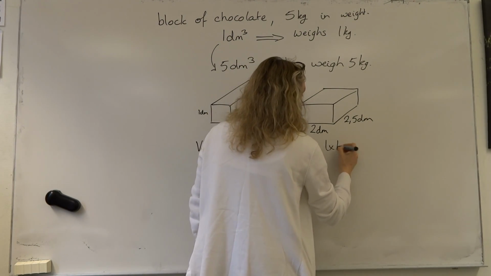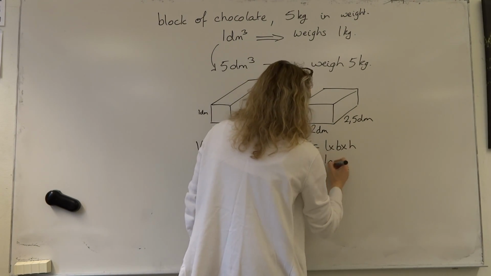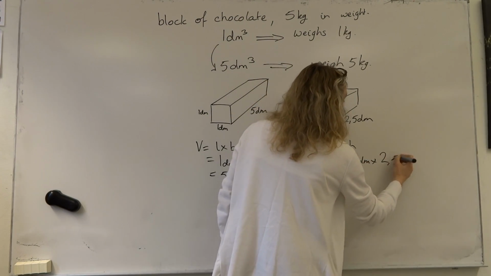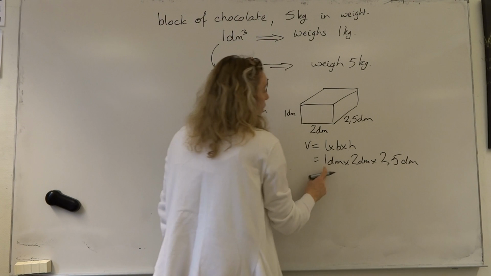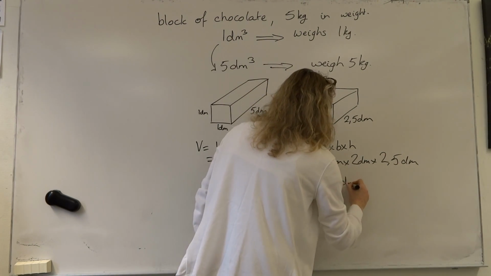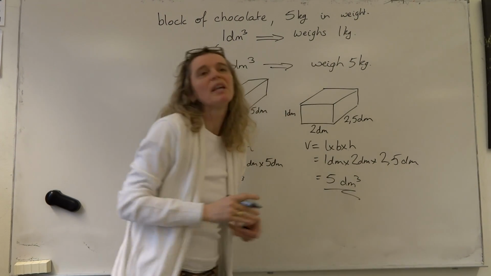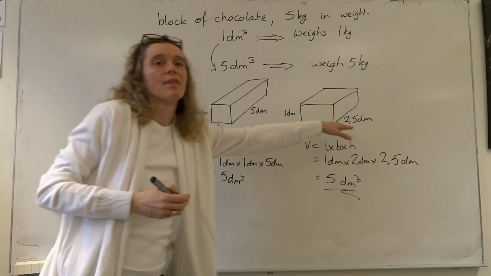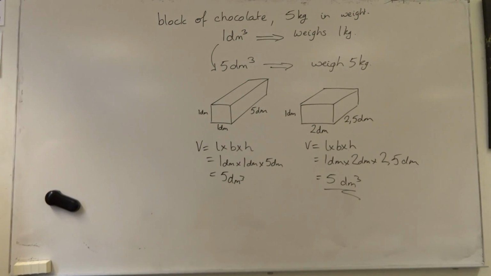Volume is length times breadth times height, which is 1 decimeter times 2 decimeters times 2.5 decimeters. 1 times 2 is 2, 2 times 2.5 is 5 decimeters cubed. So that'd be the simplest 2 you could get. Double one, halve the other, and you've still got 5 decimeters cubed.